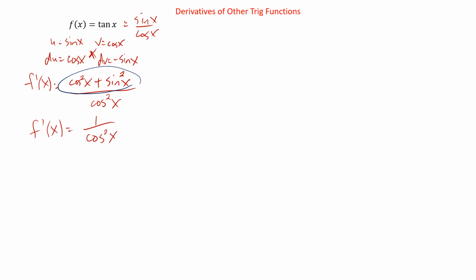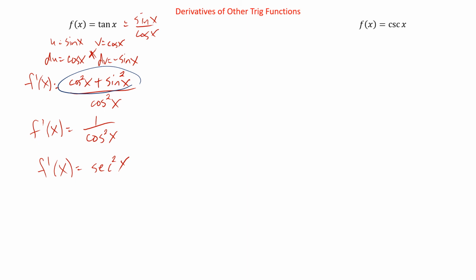Well, 1 over cosine is secant, so 1 over cosine squared is secant squared x. And there we go. That's the derivative of the tangent. And that's why it's secant squared. It's because of that square in the denominator, then the numerator actually simplifies to 1.